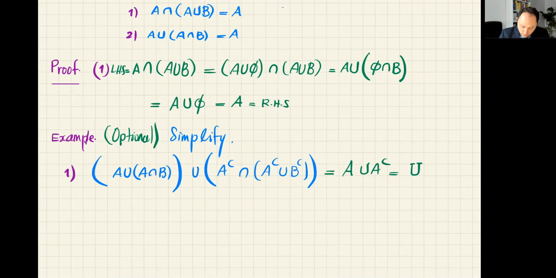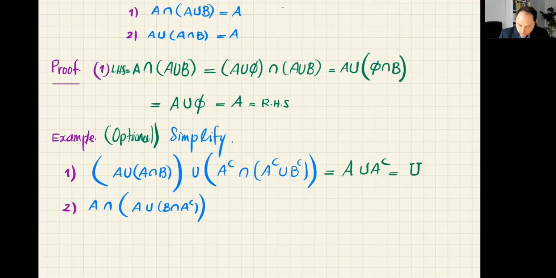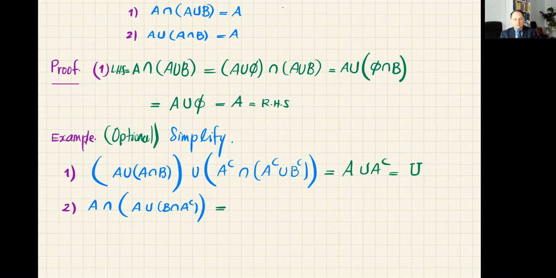What do you think about this one? Number 2, and then I will go to the lesson in the book. So A intersection ((A union B) intersection A complement). Can you immediately answer what is the answer here? No calculation is needed. Is it A? It is A. Can you just elaborate why? Well, I can imagine B intersection A complement to be another letter, for example, C. Yes, exactly.